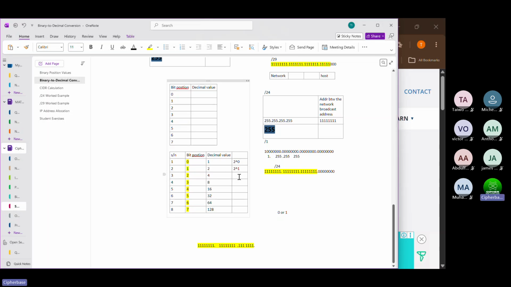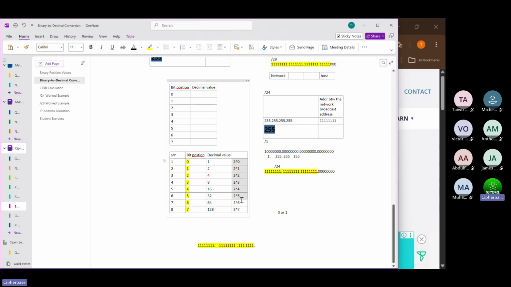Then the next is 2 raised to power 2. The next is 2 raised to power 3, 2 raised to power 4, 2 raised to power 5, 2 raised to power 6, 2 raised to power 7.